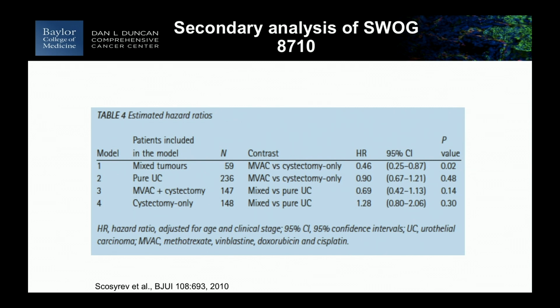The hypothesis was that the outcomes would be worse with variant, thinking that if you had a high proportion of squamous or adeno that it wouldn't respond. And it turns out the punchline is that it was completely the opposite, that the patients with variant histology actually had better outcomes compared to conventional or pure urothelial.